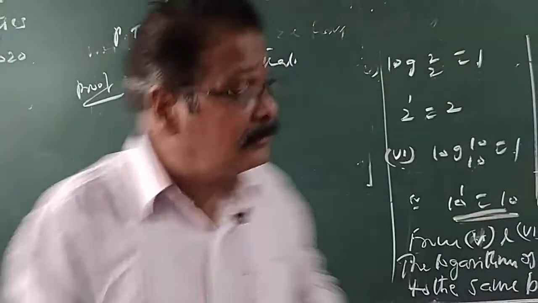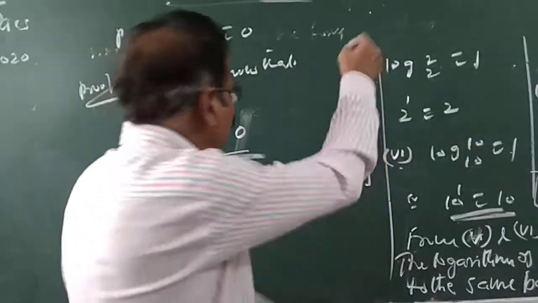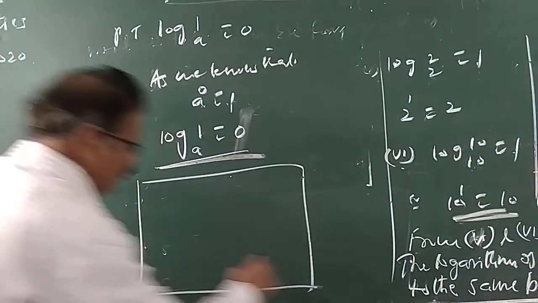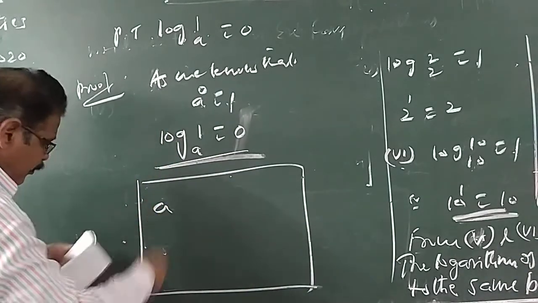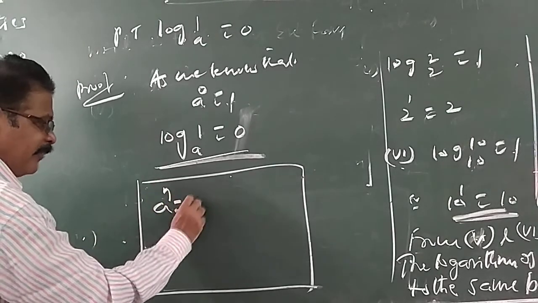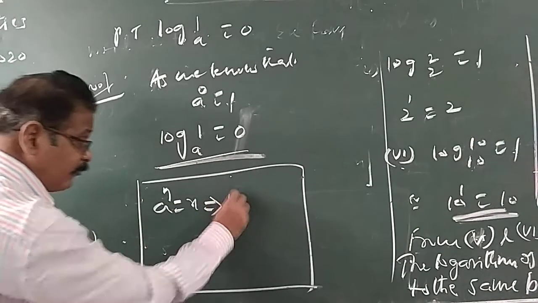In this class, we learned how to change, I revise once again, how to change exponential into logarithmic form. Exponential form is A to the power of n is equal to x. How can you write in the log form?